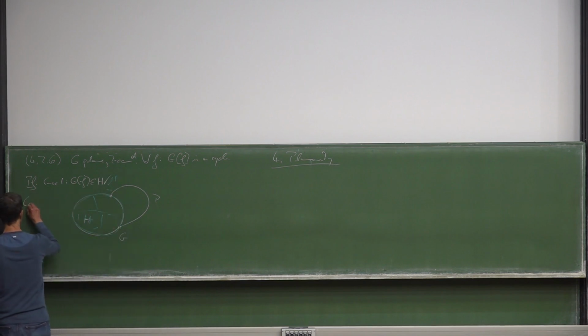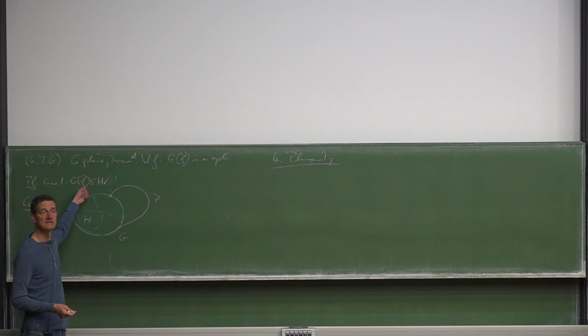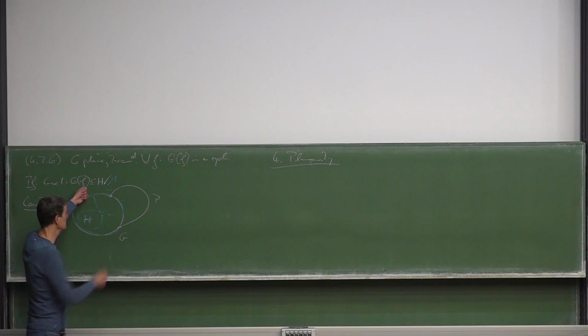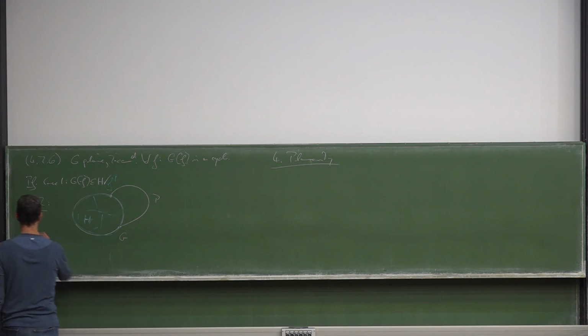Okay, case 2. Well, if the boundary of f is not contained in H, it must contain a point of G that is not in H. And which are the points of G that are not in H? Those points of P. So that's the boundary, I mean the point set now rather than a graph.